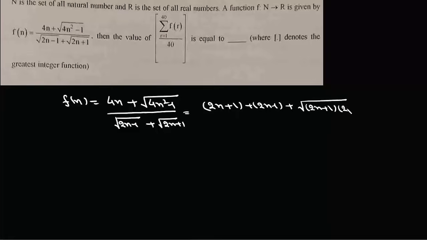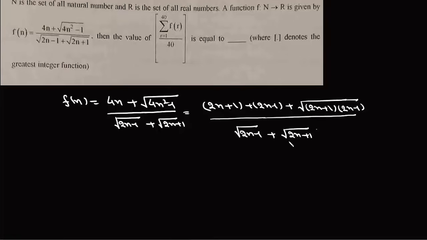2n plus 1 times 2n minus 1, whole divided by under root of 2n minus 1 plus under root of 2n plus 1.